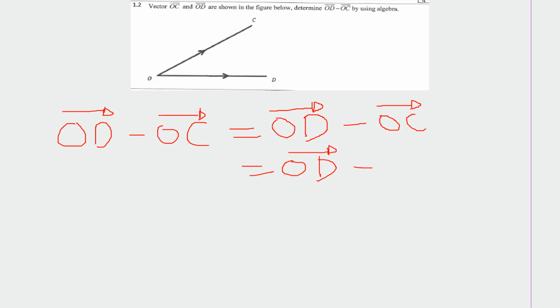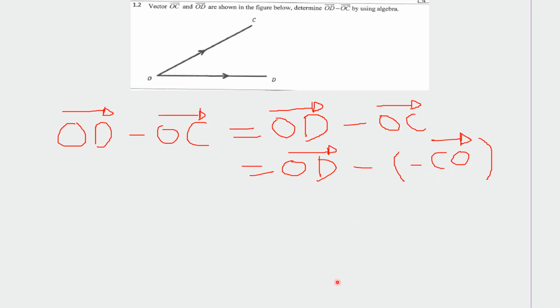Then it's minus. So remember now, when you swap the direction, you're going to say minus CO. So remember, CO is equal in magnitude with OC, but they are opposite in direction. That is why OC is equal to negative CO.